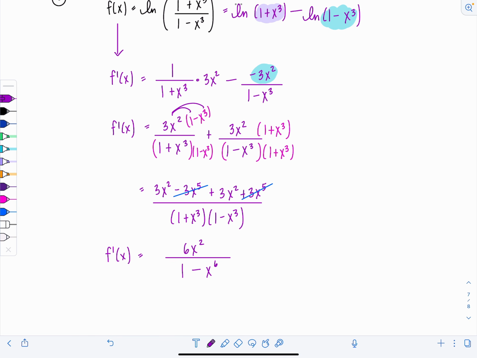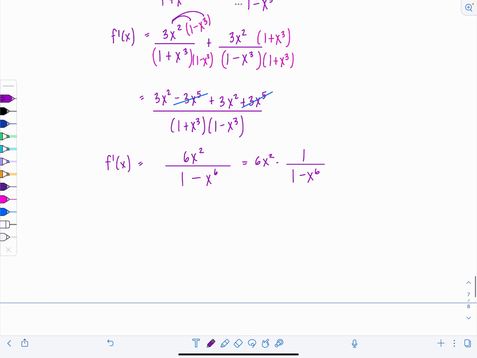You can find a power series for this really easy, can't you? Yeah, it's just 6x squared times 1 over 1 minus x to the 6th. So then that's 6x squared times the sum, n equals 0 to infinity, x to the 6th to the n.